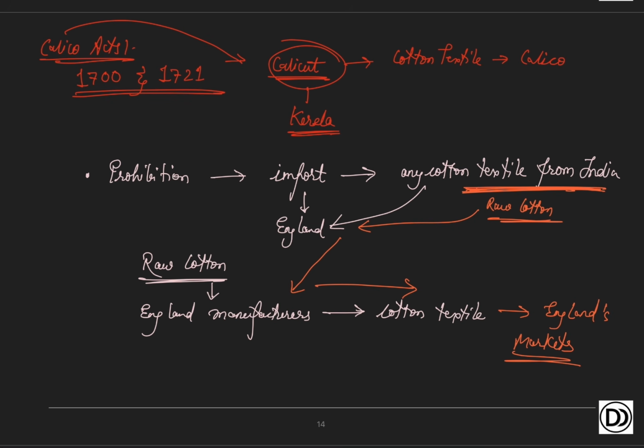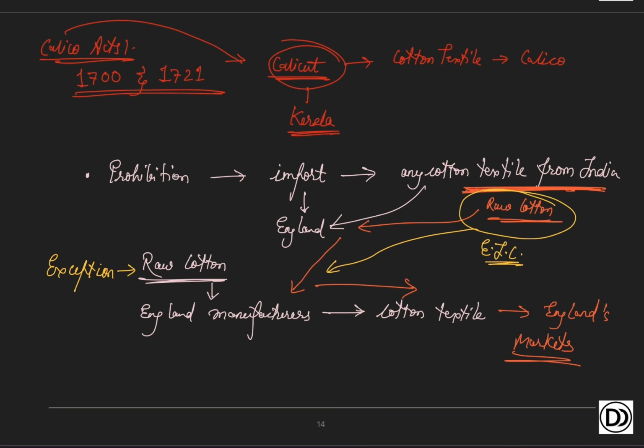The East India Company before was earning profit by selling Indian cotton textiles to Britain, but the acts prohibited that. So the East India Company started to export raw cotton into England for these manufacturers, because the exception was only given for raw cotton. So instead of bringing Indian textile to England, they started bringing raw cotton.